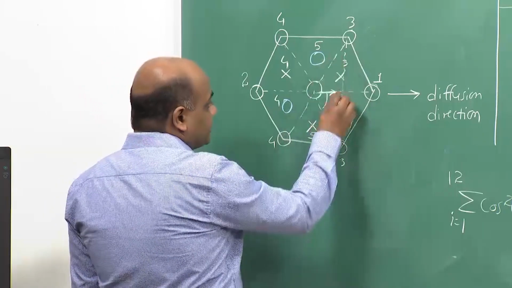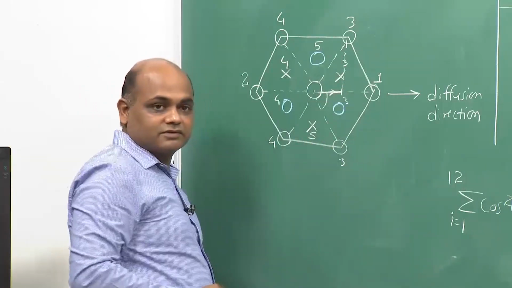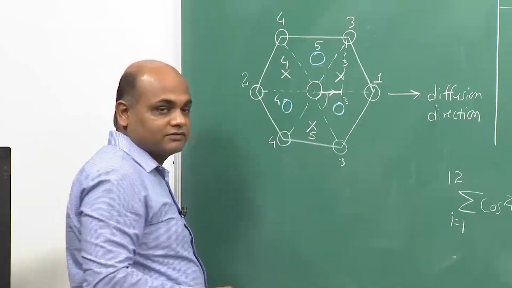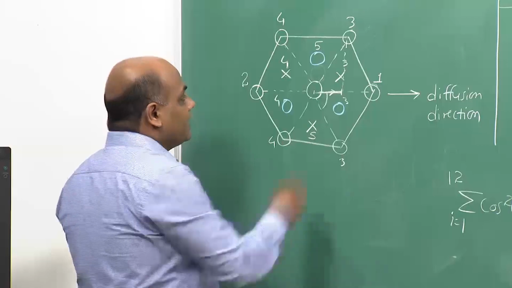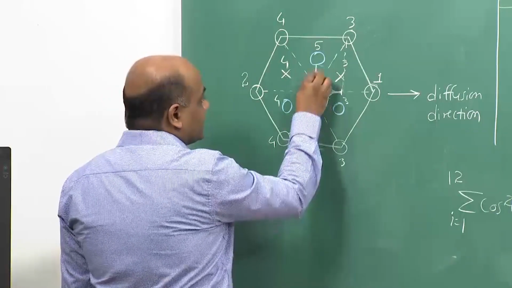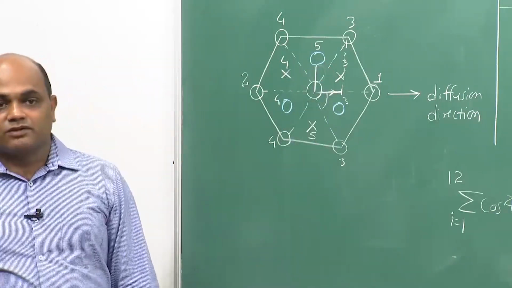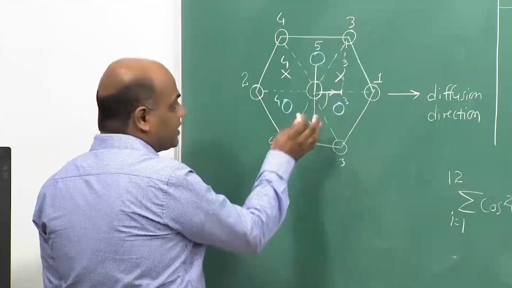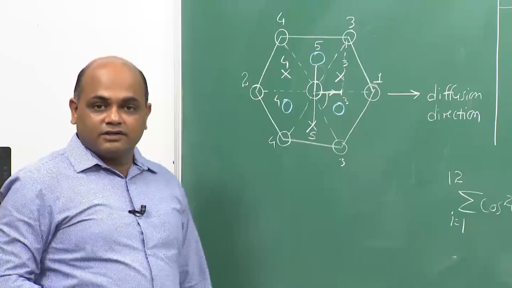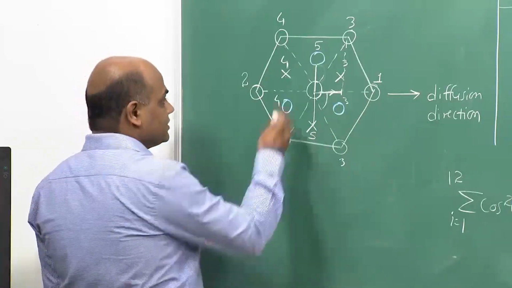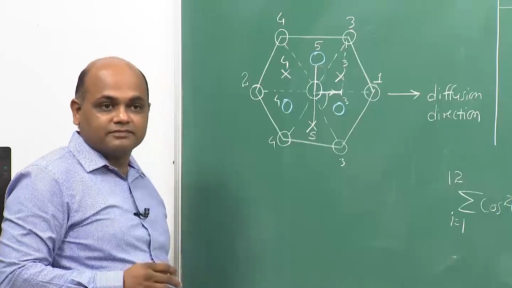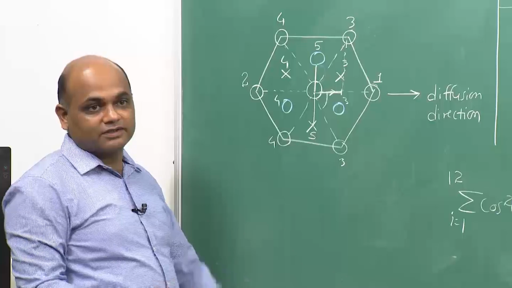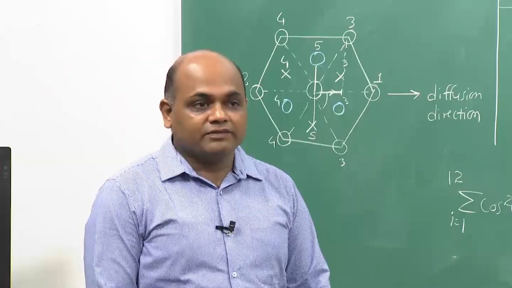So, in this case we see it is exactly half. So, cos 60 is half, the angle is 60 degree. In this case the projection is 0. So, any jump to this type 5 atoms is not making any contribution to the diffusion direction, whereas this is exactly the reverse jump. So, the contribution is minus 1, cos theta is minus 1. Okay, thank you.